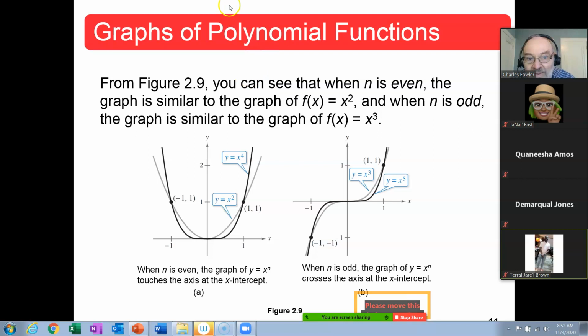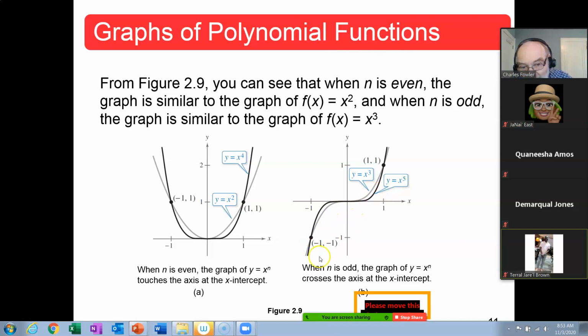Now, when n is odd, okay, this is the cubic function, f of x equal x cubed. That's the light blue curve here. And though they're all nice smooth curves, again, 3 points are in common: minus 1, minus 1, 0, 0, and plus 1, plus 1. Okay?